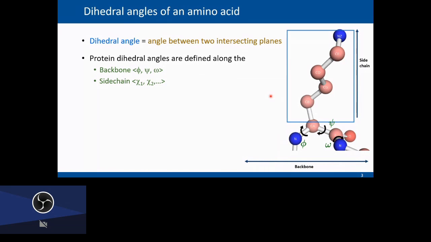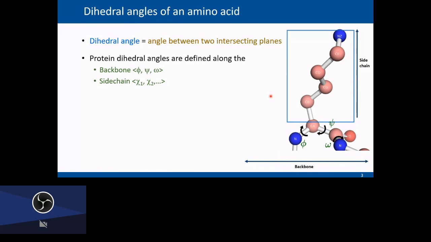For example, they model backbone and sidechain dihedral angles separately, and they tend to discretize the dihedral angle space into coarse angular bins. When modeling backbone dihedral angles, they tend to use a general model without using an amino acid-specific model. Also, current models are complex and they tend to overfit the data.